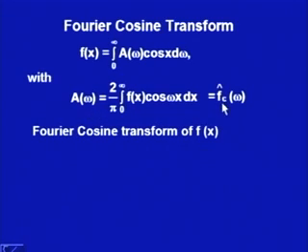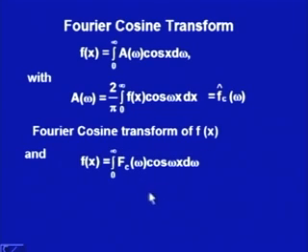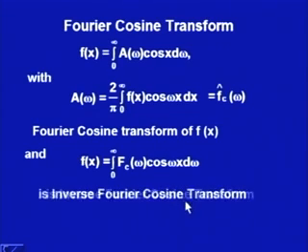So this A(omega) is called the Fourier cosine transform of f(x), and f(x) is the integral from 0 to infinity of f_c hat(omega) cos omega x d omega. This f_c hat(omega) is the inverse Fourier cosine transform.